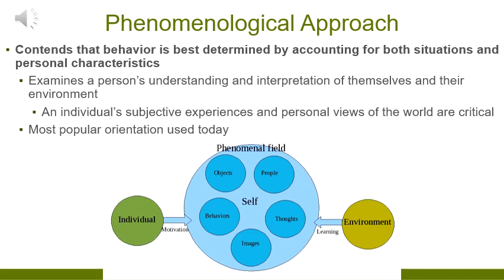The phenomenological approach contends that behavior is best determined by accounting for both situations and personal characteristics. It examines a person's understanding and interpretation of themselves and their environment. Not just themselves and not just their environment, but both. Because an individual's subjective experiences and personal views of the world are critical to how they see the world. This is the most popular orientation used today.